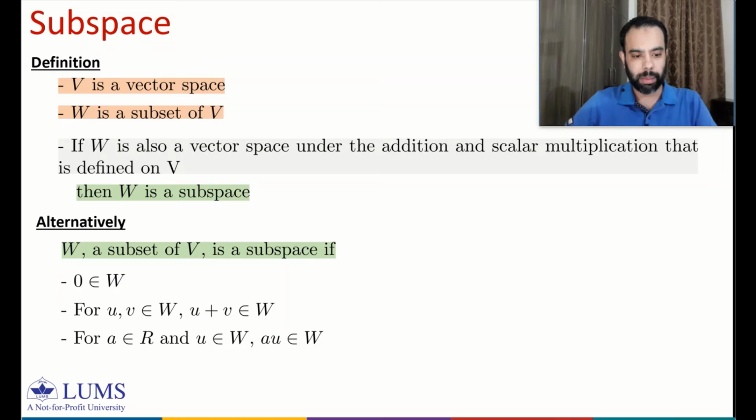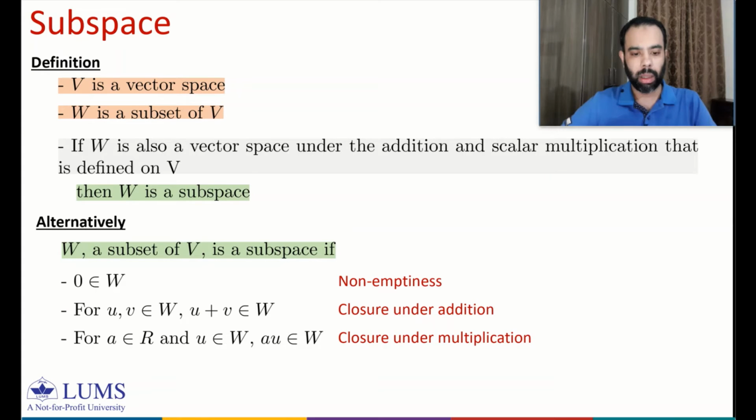There are special names for these three properties. The first one is non-emptiness, and the second and third are closure under addition and scalar multiplication respectively. In fact, every vector space V has at least two trivial subspaces. The first is the subspace that only contains 0, and the second is the vector space itself.